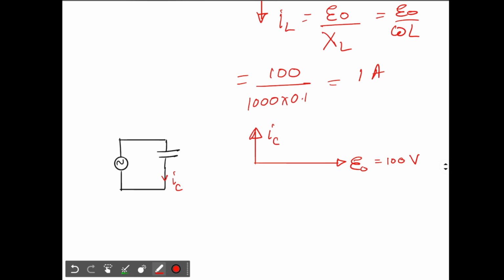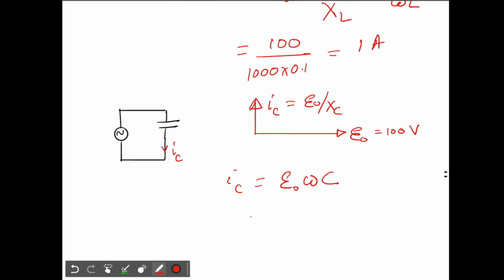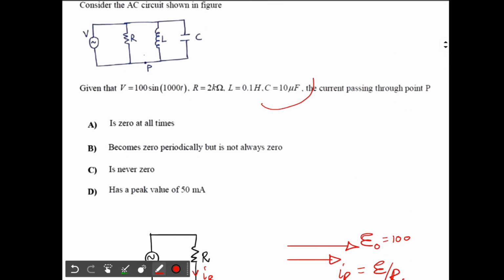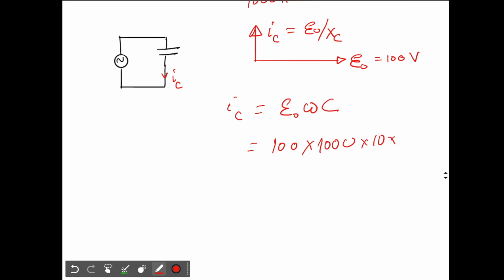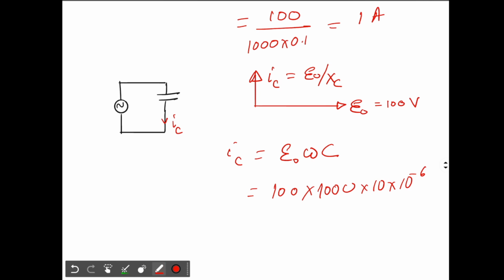So IC will be E naught by XC, so IC will be E naught omega C because XC is 1 by omega C. E naught is 100, omega is 1000 and capacitance is 10 microfarad, so into 10 power minus 6. So this is again equal to 1 ampere.